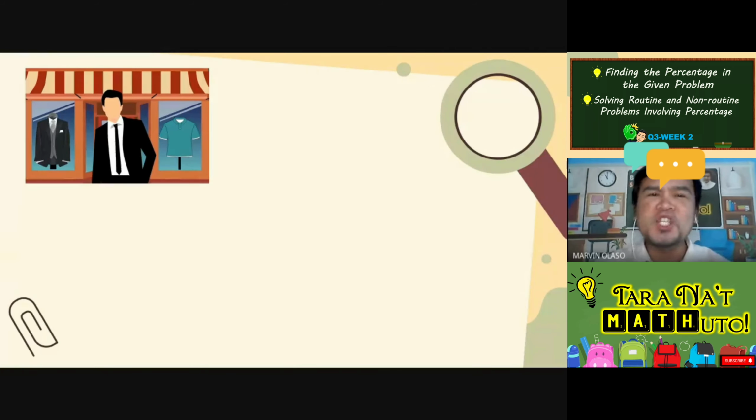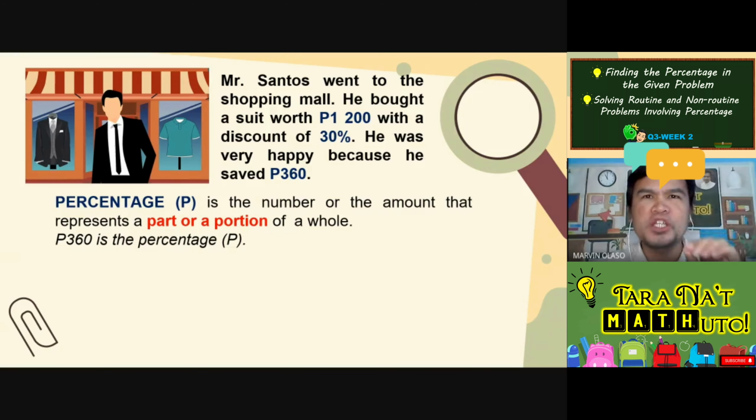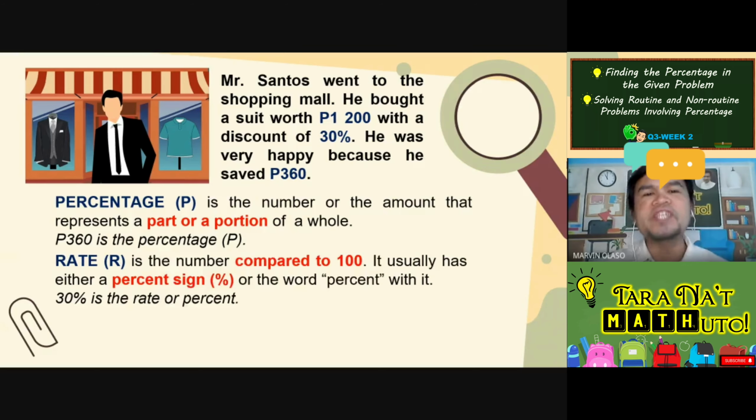Also, let's go back to the situation given by Mr. Santos. And as what we discussed, percentage is the part or the portion of the whole amount or price. So 360 pesos is the percentage in the given situation of Mr. Santos. Rate also is the number compared to 100. And napakadali lang ito. Ito yung may symbol na percent.